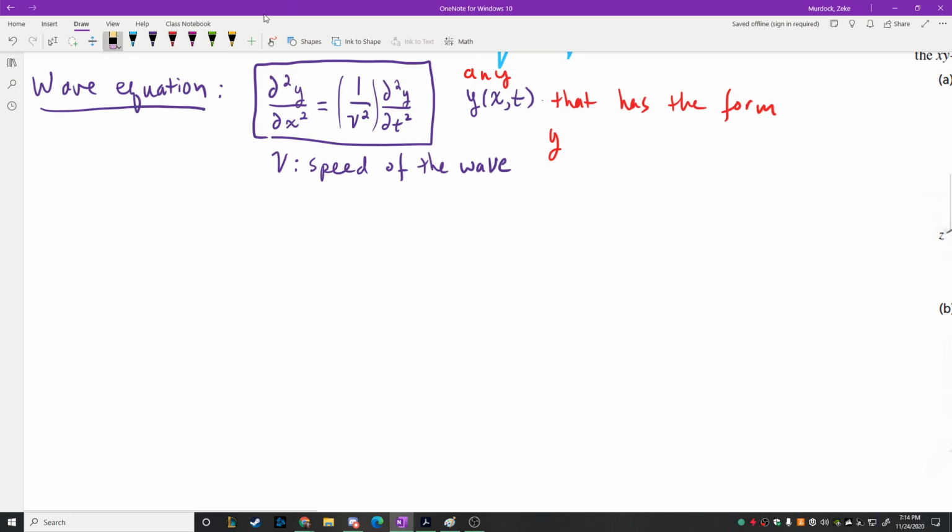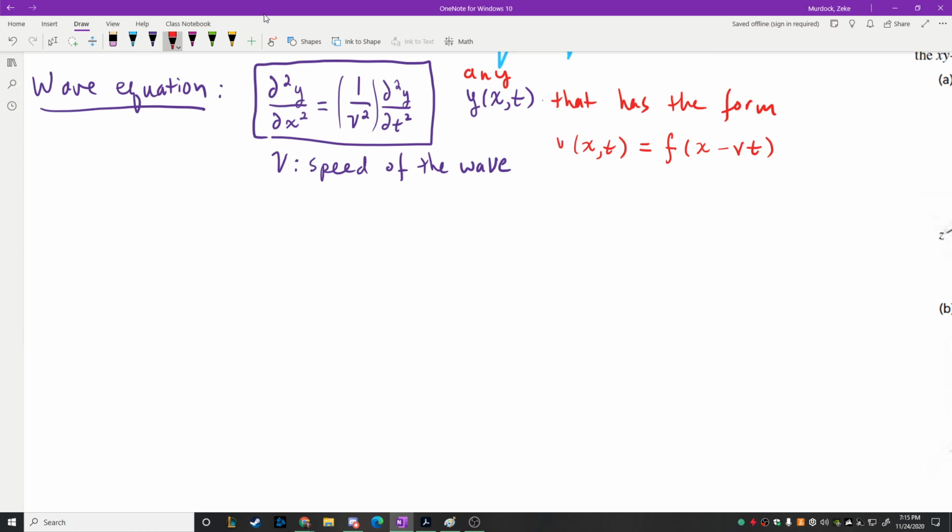Let's write it as a function. Any function that has the form f of x and t is equal to some function, any function of x minus vt will satisfy that wave equation. And it's relatively easy to prove that this is true. I guess the best way to write this would be on the left-hand side to put the y there.